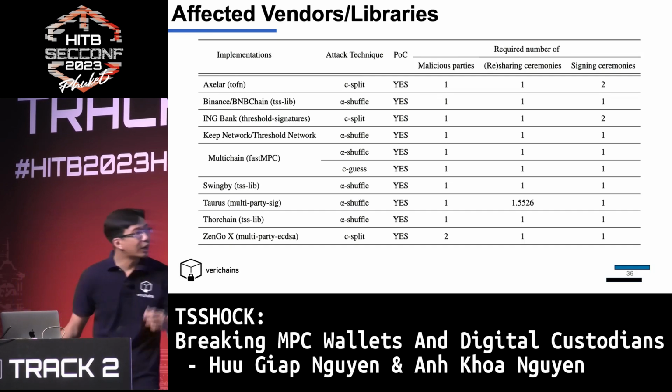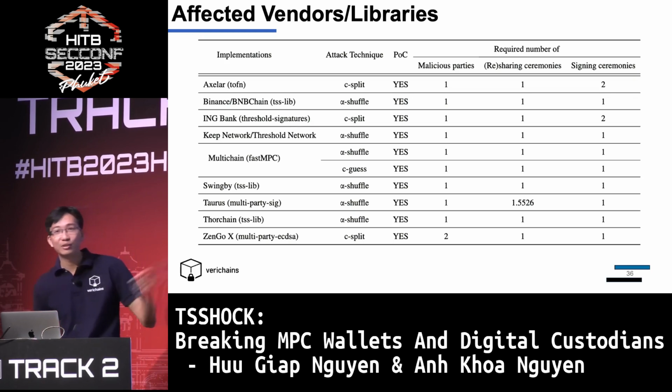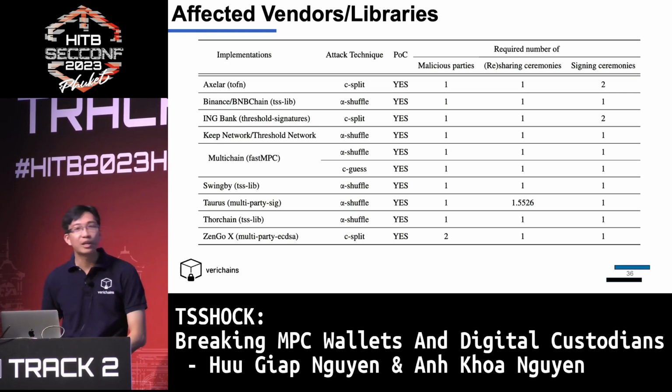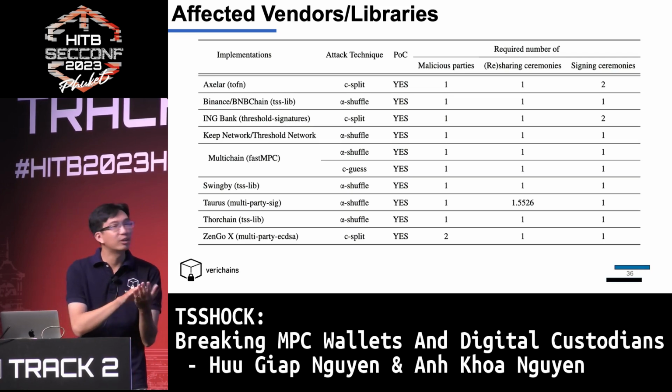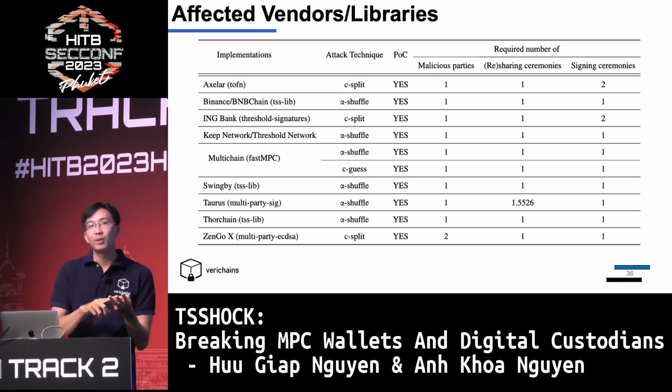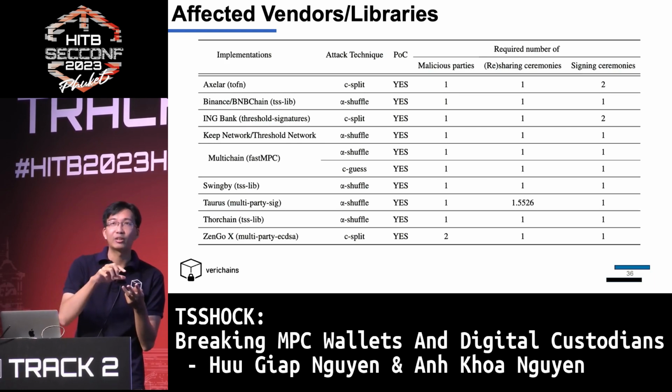I really don't know why in this case there are two malicious parties, but a lot of these have to do with very complex communication, the MTA protocol. Take the private inputs: we have three values, K, gamma, and W. Some implementations do only two of them.